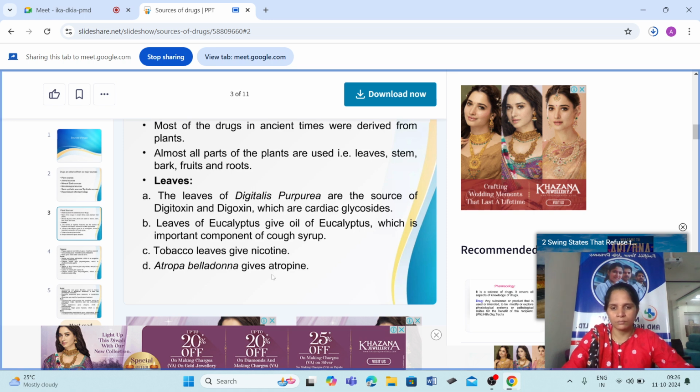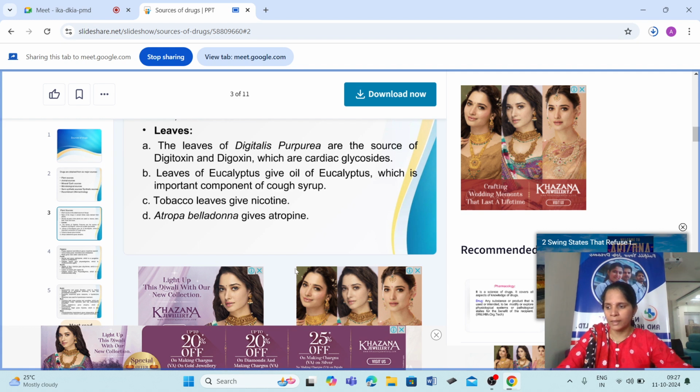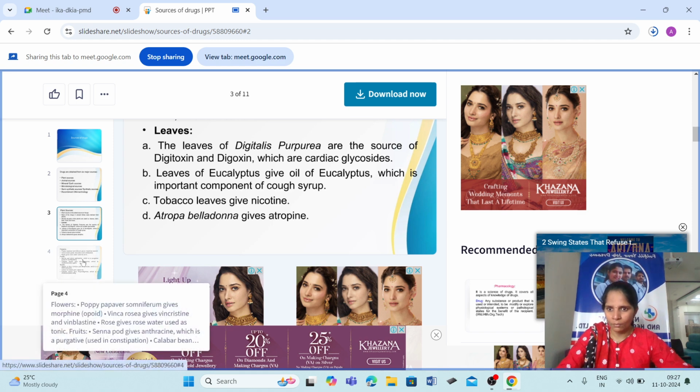Atropine can act as an agonist or an antagonist depending upon the part we are going with. Mostly it works as an antagonist, and sometimes it is even used in poisoning cases, in the sense that it works as an emetic also. Okay.